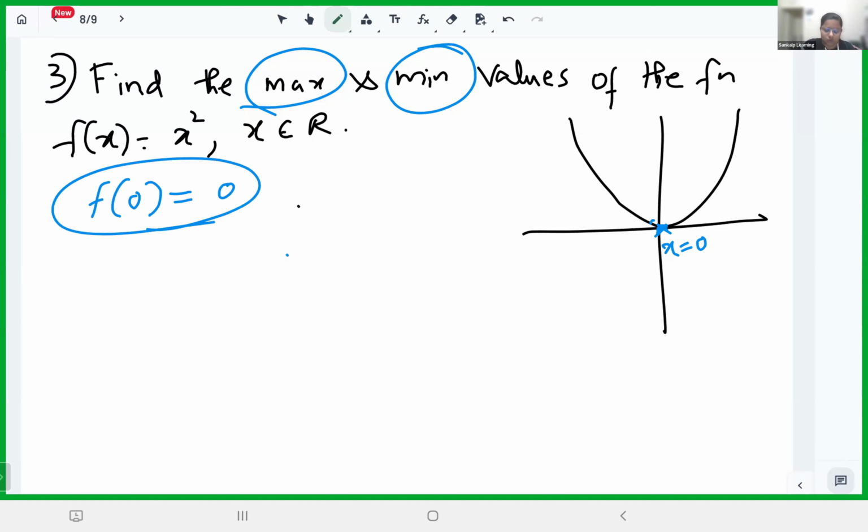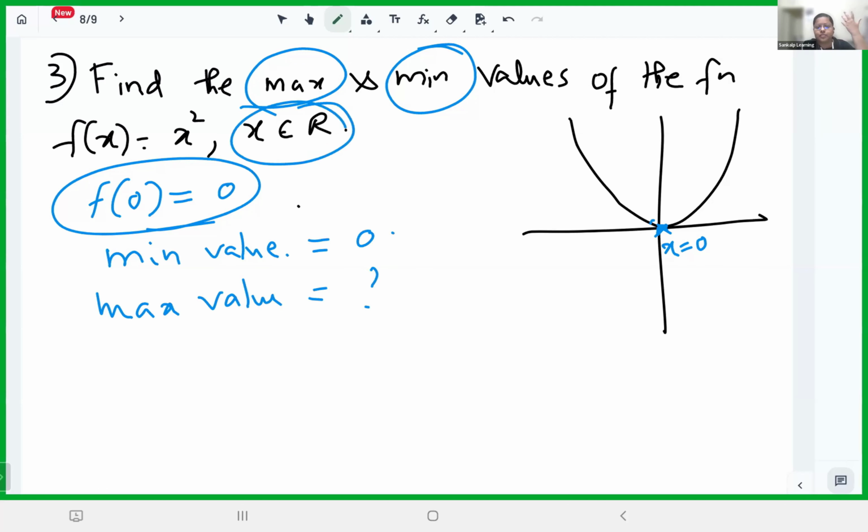What about the maximum value? So we have got the minimum value. Minimum value is equal to 0. Is there any maximum value for this graph? No. Since x is an element of R, it can go up to infinity, right? This graph is going beyond our imagination, isn't it?